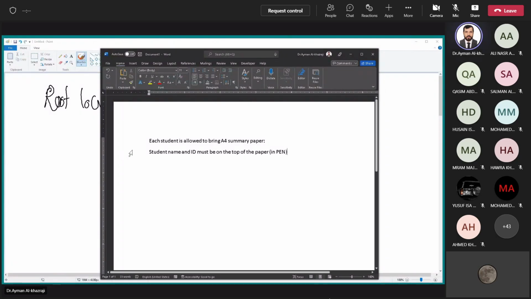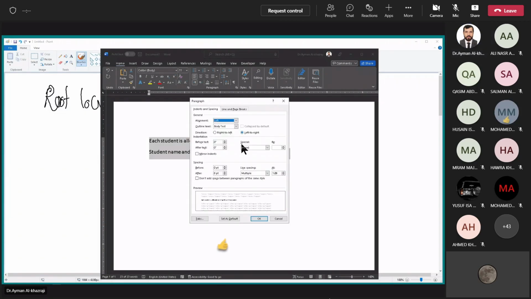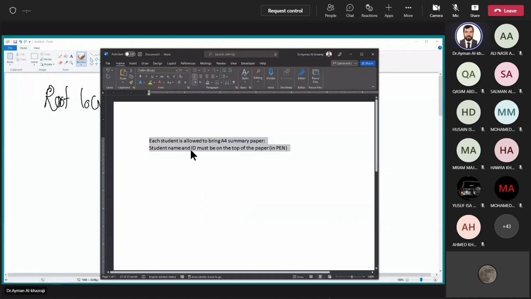Is this clear for everyone? Students, is this clear? Yes, clear. Because someone will say, okay, this is my paper, I will find another paper with another name. This is not allowed. So you write your name and you are responsible. If it is found with another student, it will be considered cheating.